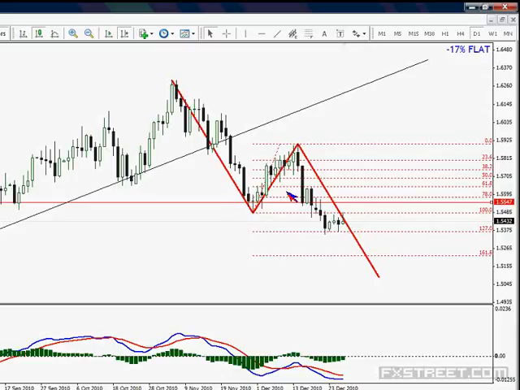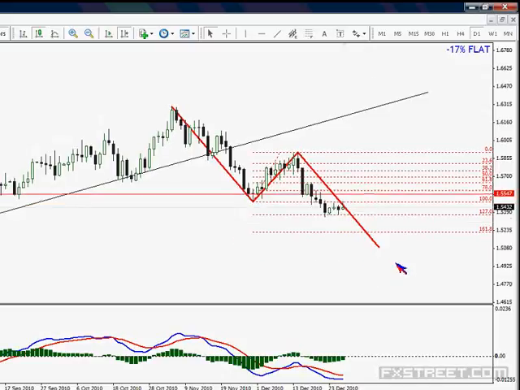So this was the correction. We already hit the 127 twice in the last week. My waves tell me there's more to come, but there might be a correction right after this level, maybe up to 155.50, maybe even slightly higher to 156, and then we'll see if it has enough strength to continue lower.